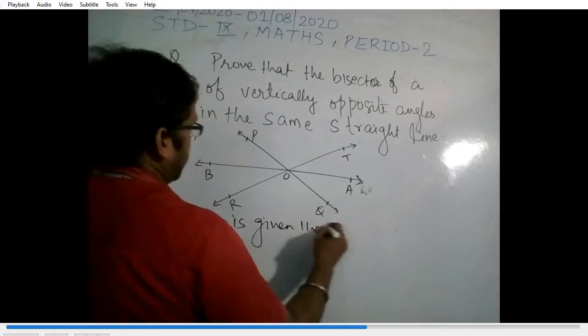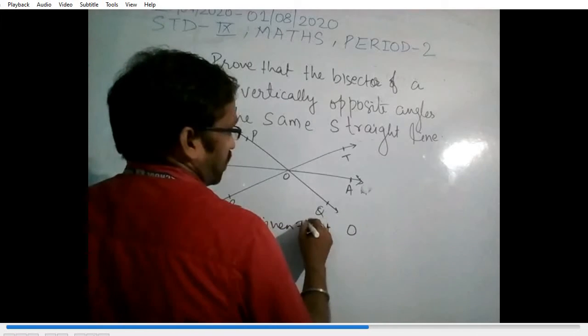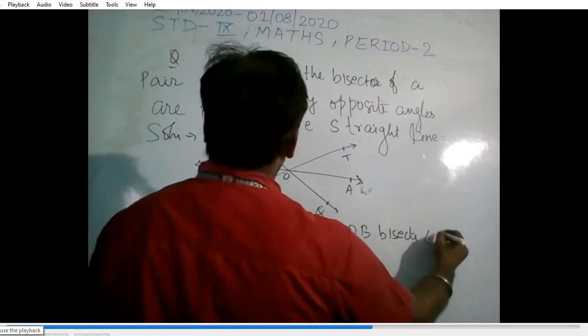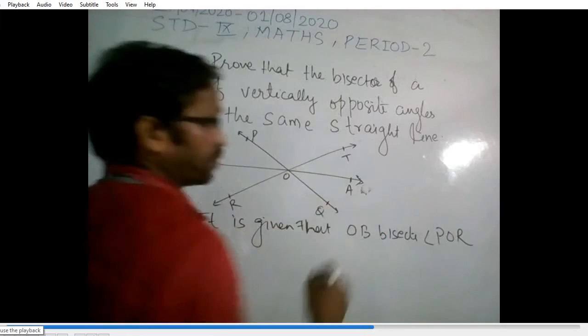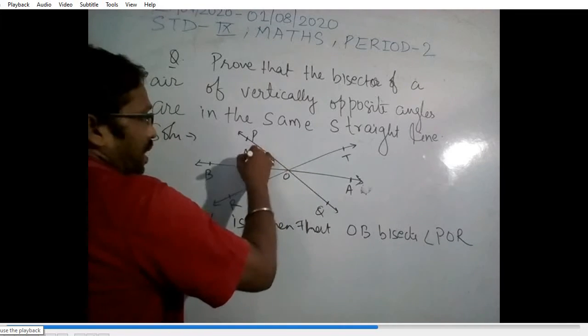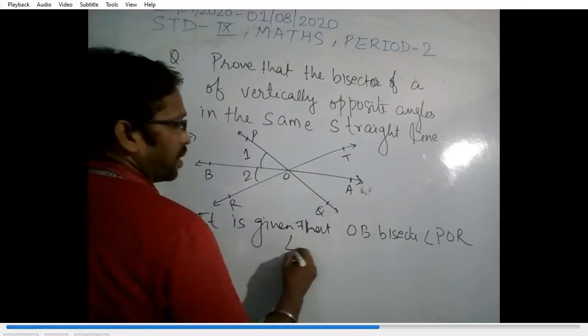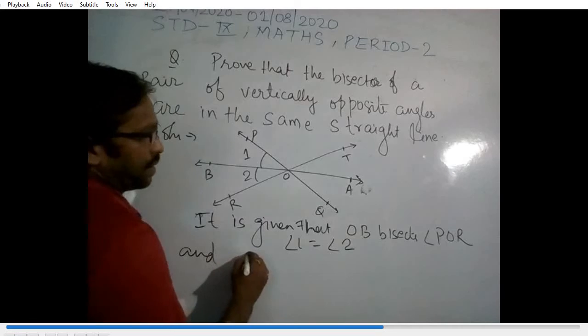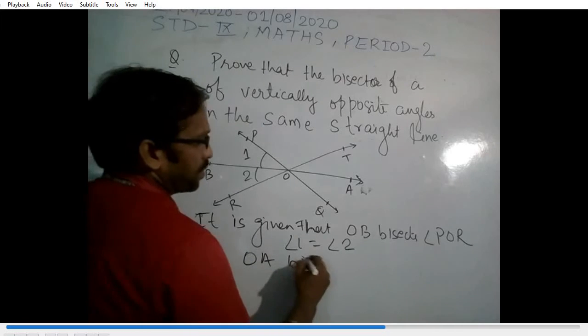What is given? It is given that OA and OB are the angle bisectors. OB bisects angle POR, that means angle 1 is equal to angle 2. I've explained in the previous videos what an angle bisector is.